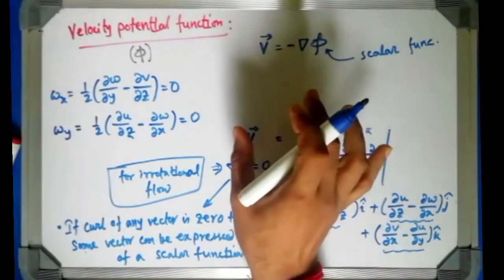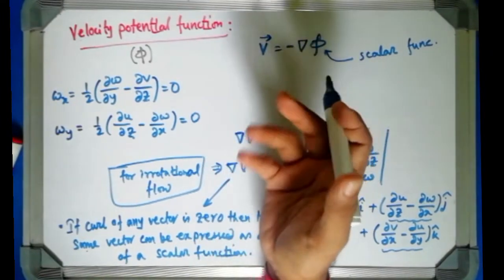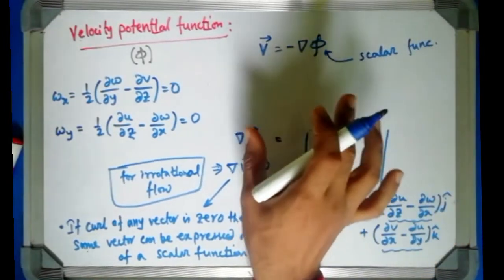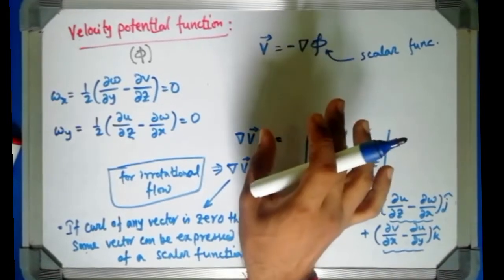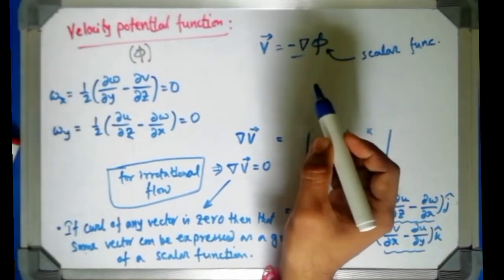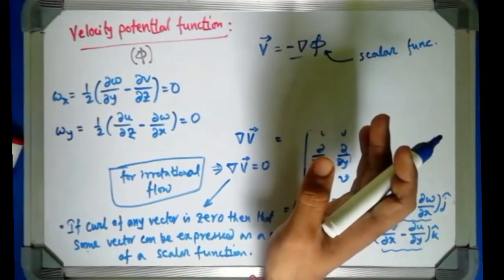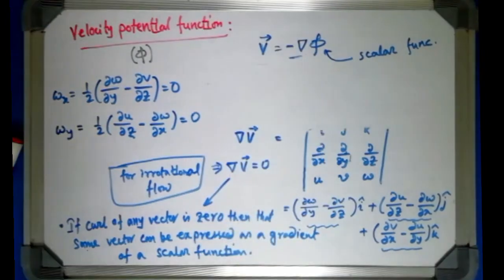The velocity potential function can be defined as a scalar function of space and time, mind it, of space and time, such that its negative derivative with respect to any direction gives the fluid velocity in that direction.